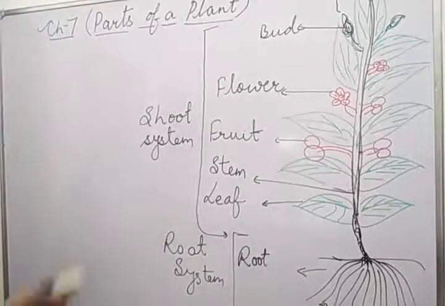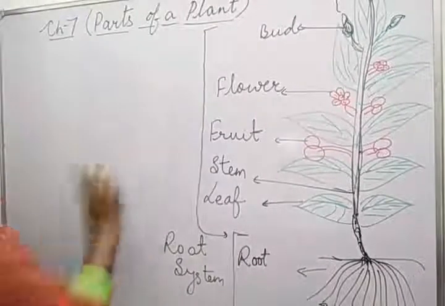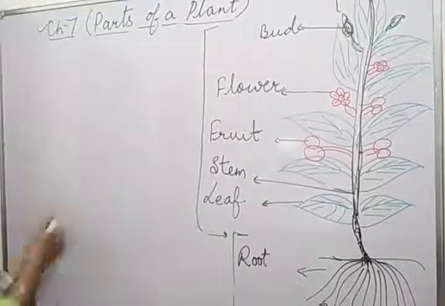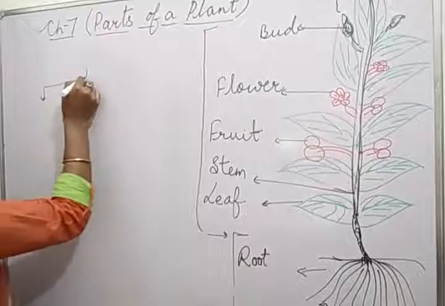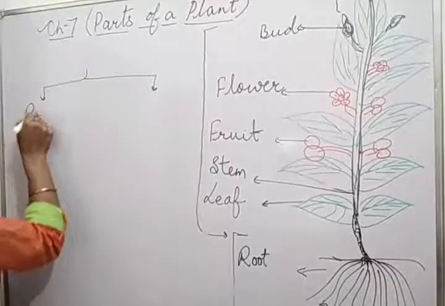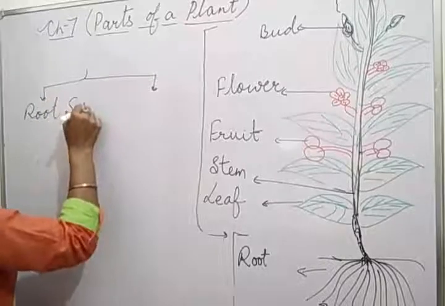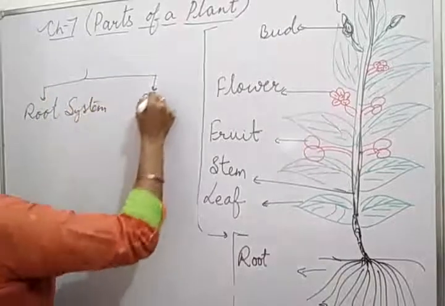So what we can study here, that we can write here also, is that plants can be divided into two parts, root system and shoot system.